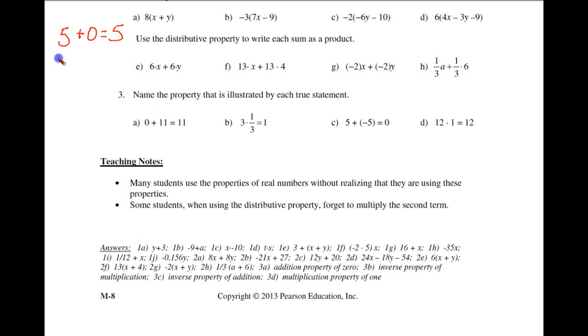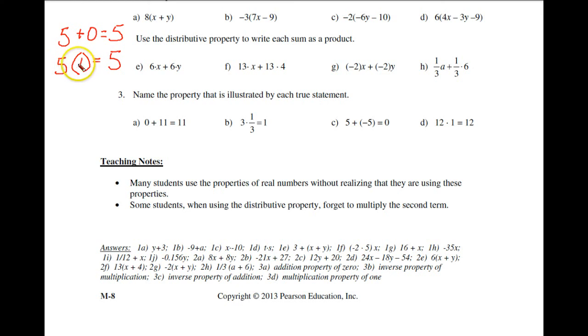Now if you have a 5 and you multiply the 5 by a 1, and we've used this a lot in this chapter, you can multiply any number by 1 and not change its value. So this is the identity property of multiplication.